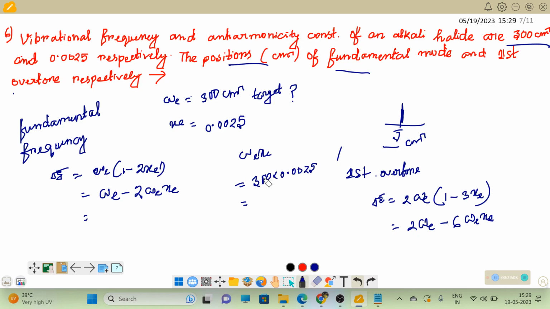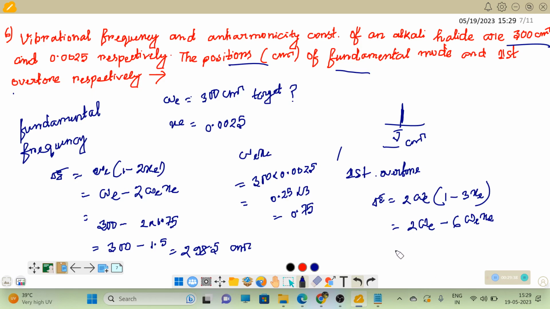If we multiply 100 with this, we get 0.25 into 3, that is 0.75. And here omega e is 300 minus 2 into 0.75. Don't need a calculator. 300 minus 1.5, that is 298.5 centimeter inverse. Similarly we put here 2 into omega e, meaning 600, minus 6 into 0.75.